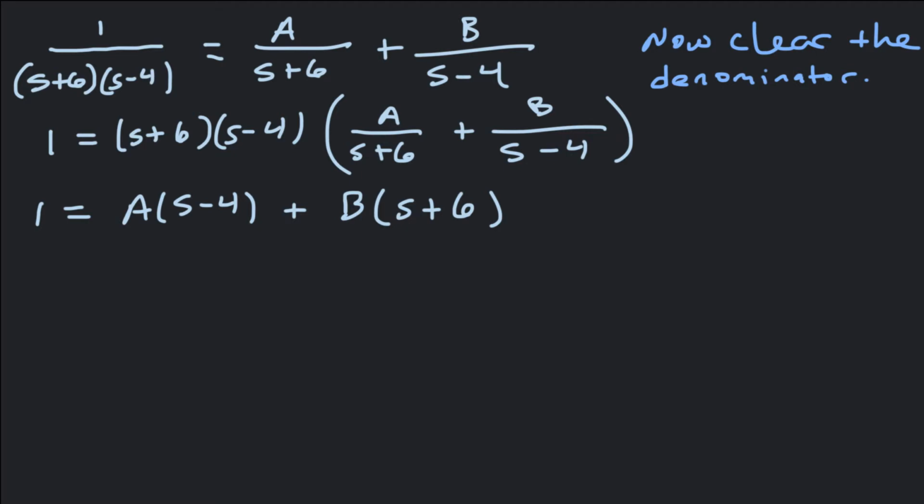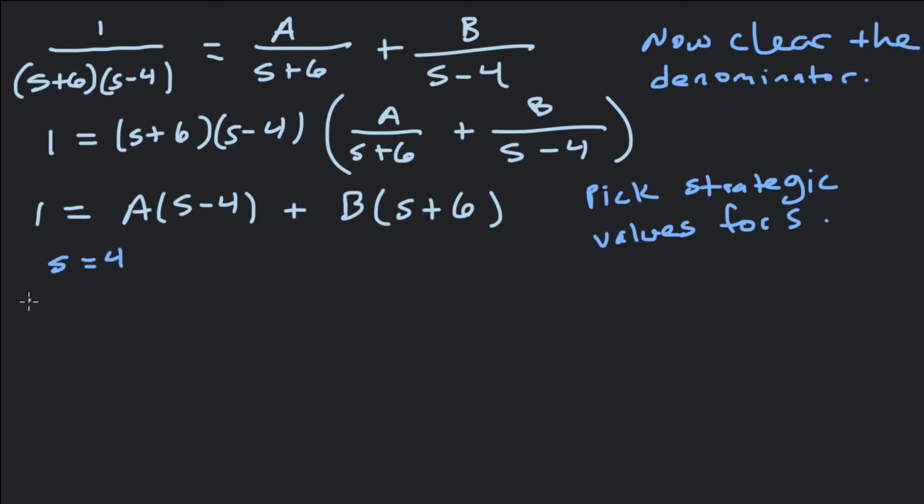There are a couple of strategies when you do partial fractions like this. I like to pick strategic values of s to plug in to cancel out terms and solve for one of the variables. I would pick s equals 4. Then I get 1 equals A times 0 plus B times 10, and that tells me automatically that B is 1 over 10.